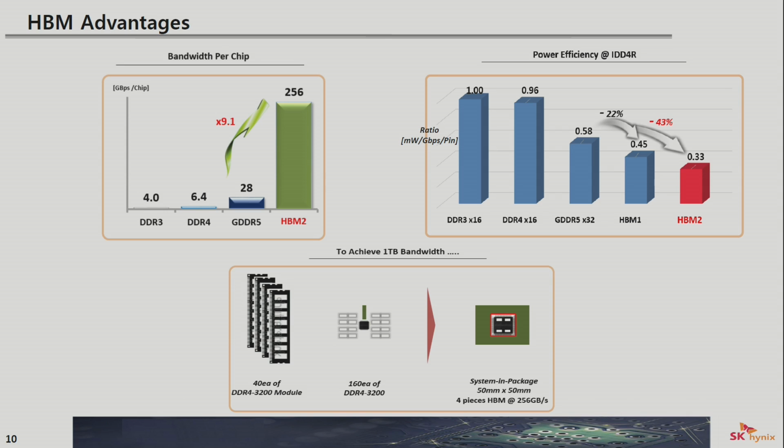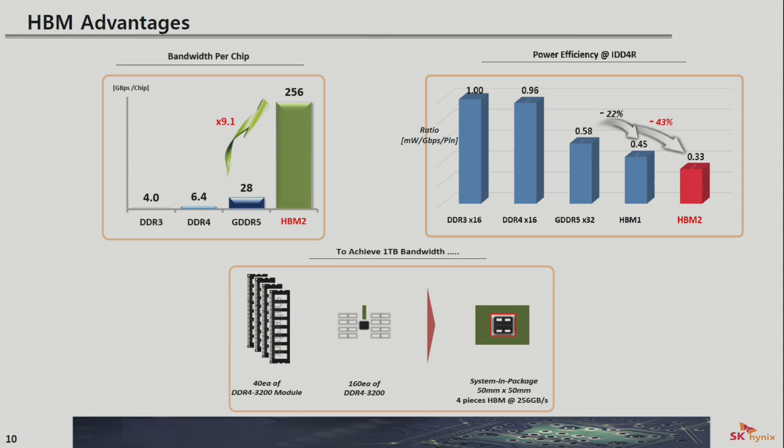Power-wise, when we compare HBM on a bandwidth-to-power-to-pin basis, what I call the effective power efficiency, it exhibits very promising power reduction. The current generation of HBM can save almost 70% of power when compared to a DDR3 or DDR4 implementation.